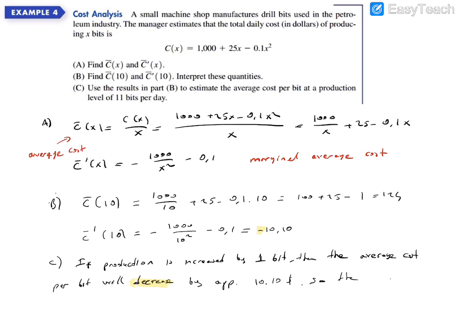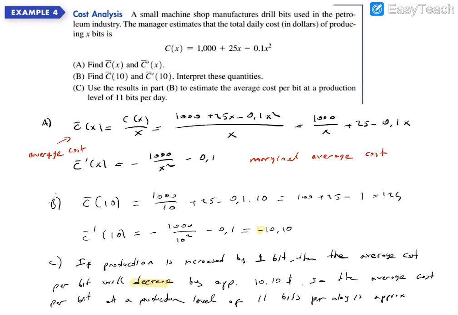So the average cost per bit at a production level of 11 bits per day is approximately, okay, $124 minus 10.10, okay?